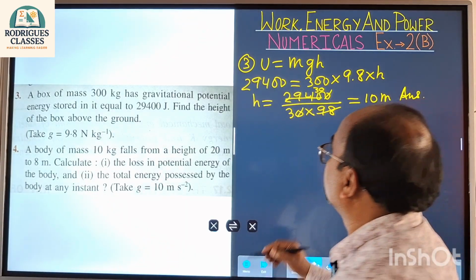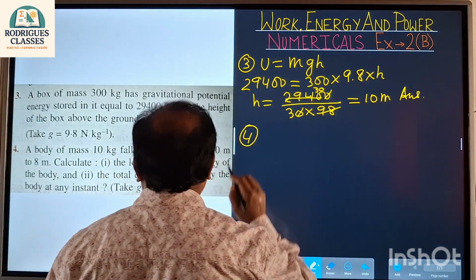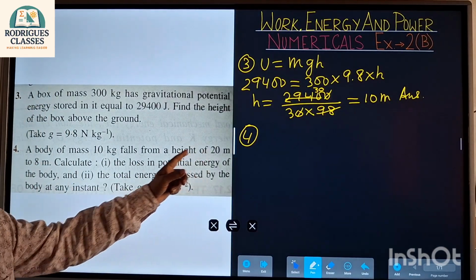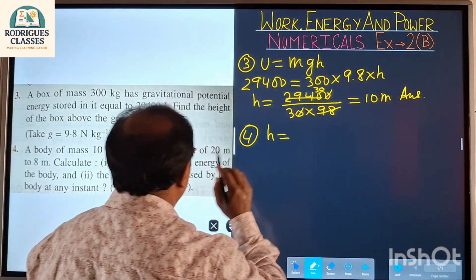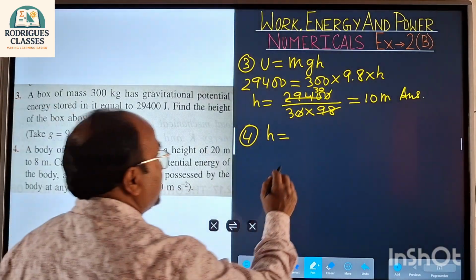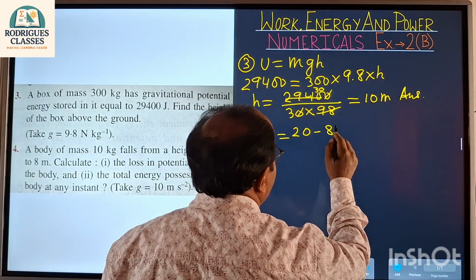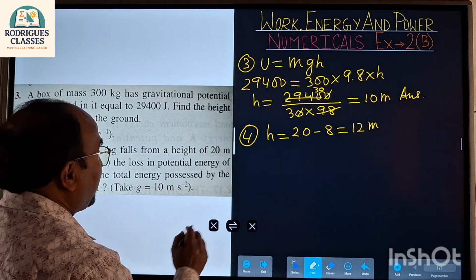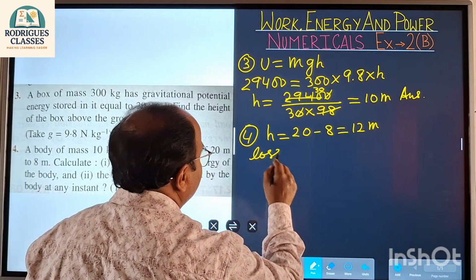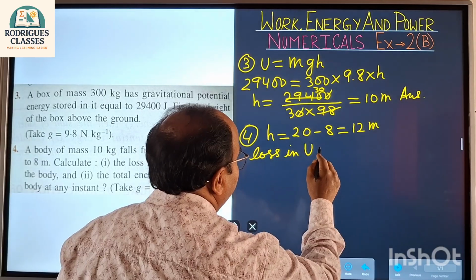Okay. So first of all, we will take that height what it has fallen through. So I am writing that height to be used in this loss of potential energy as 20 minus 8 equals to 12 meter. Then I will write loss in potential energy.